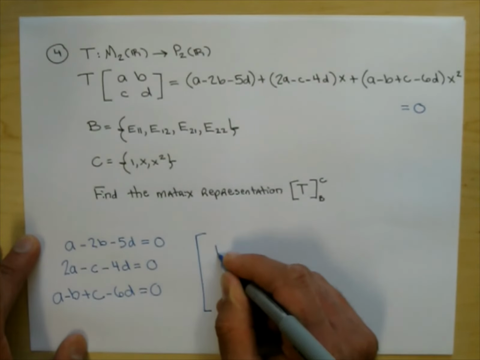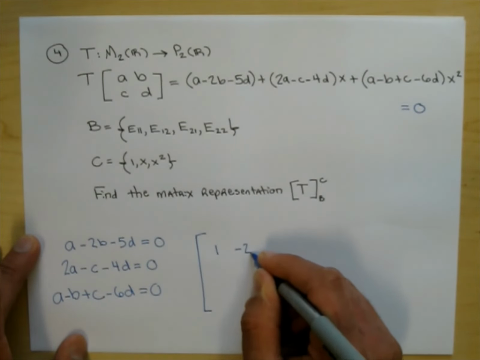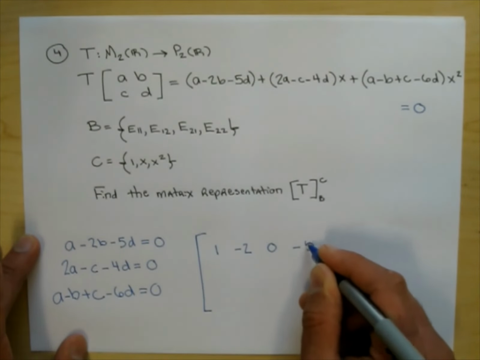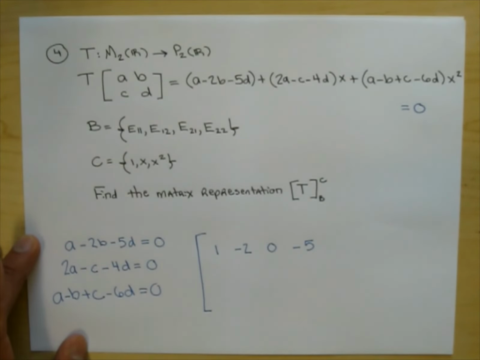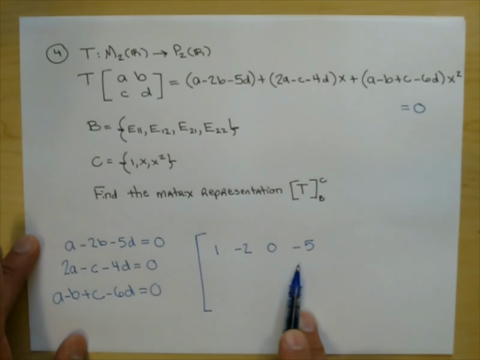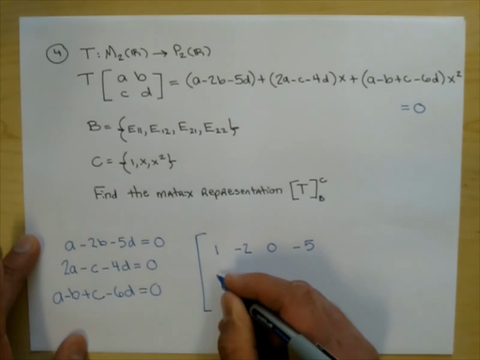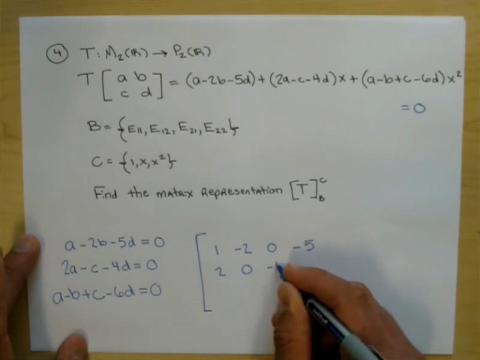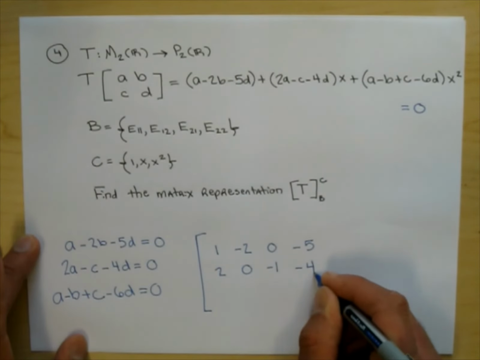This is 1, negative 2, 0, negative 5. I'm not putting the 0 in because I'm trying to find this matrix of T, and this is the first row of it. The next one is 2, 0, negative 1, negative 4.